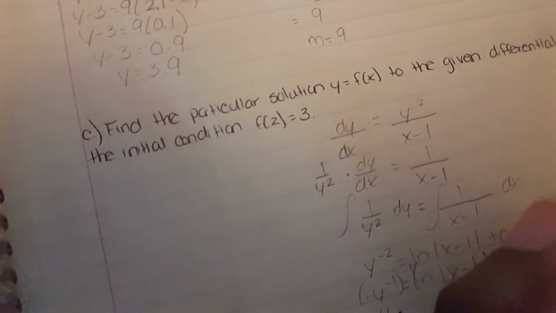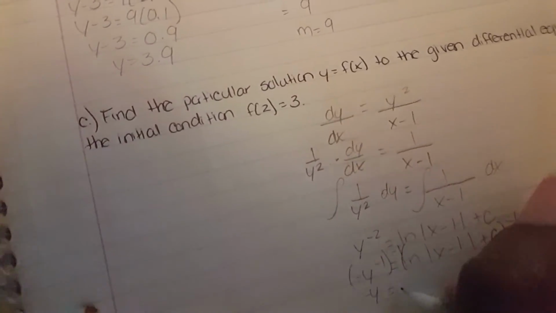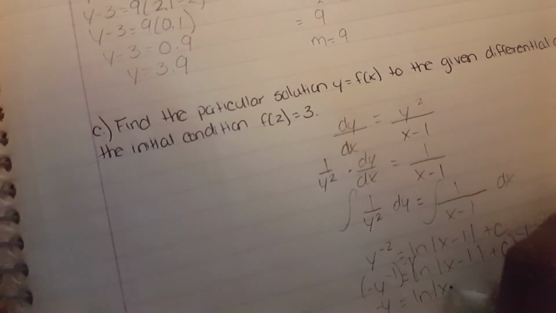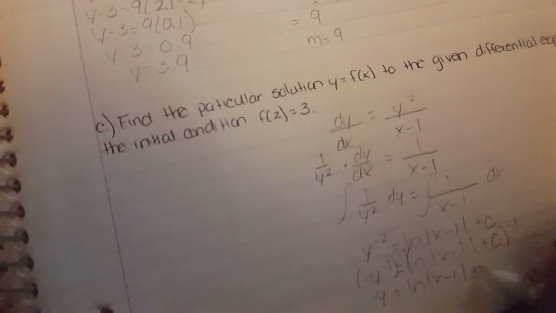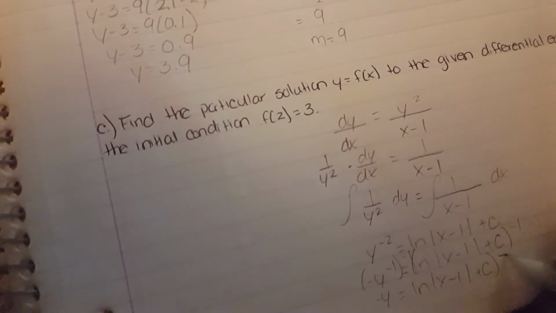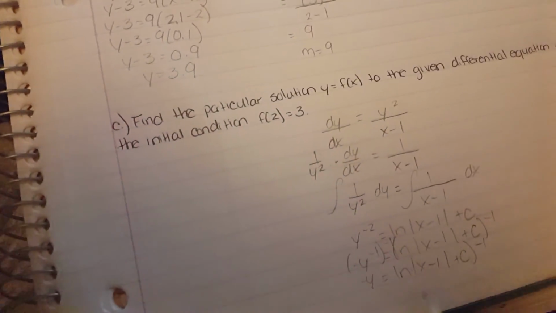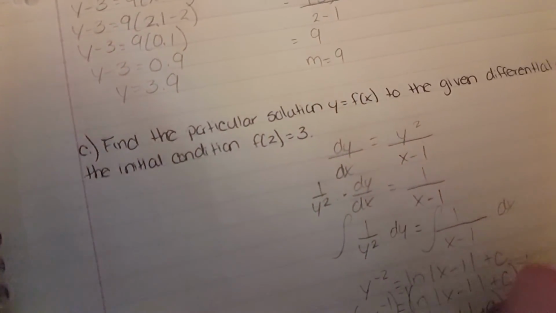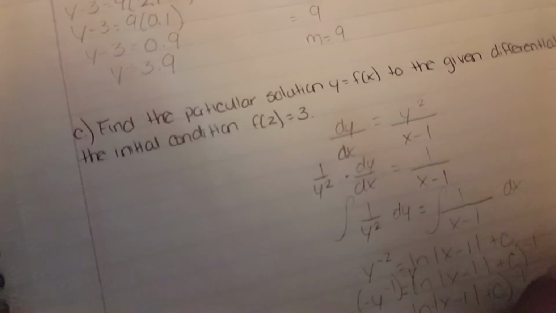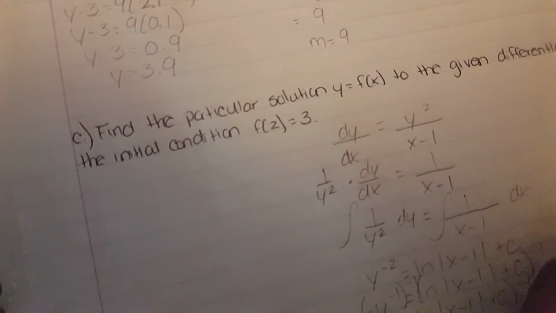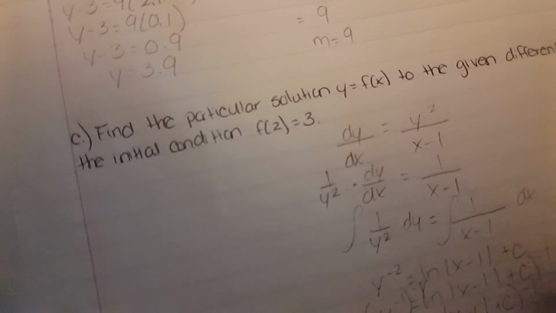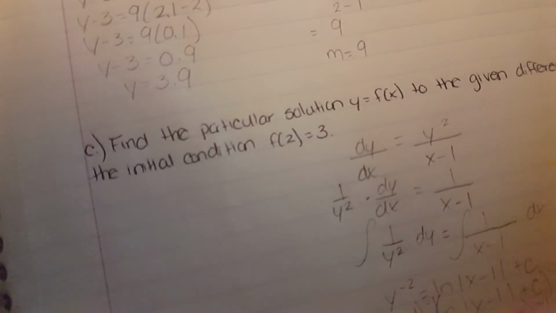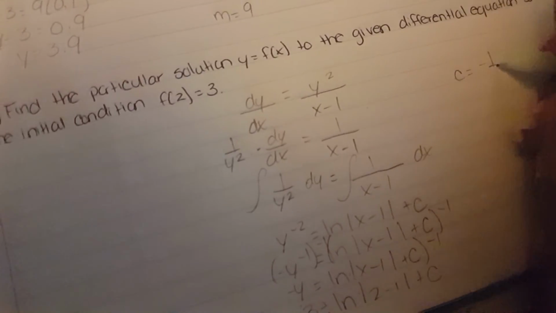So that way we'll get negative y equals the natural log of x minus 1 plus c, to the negative 1. And now we could plug in our x and y. So negative 3 equals the natural log of 2 minus 1 plus c. And so c will be equal to negative 1/3.